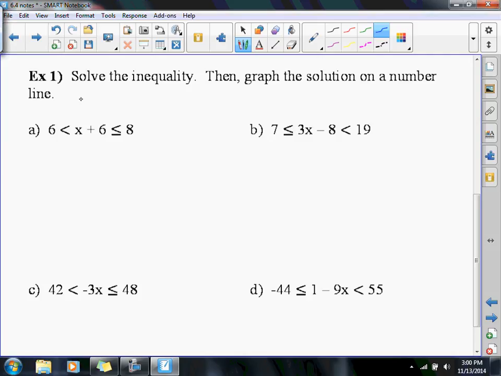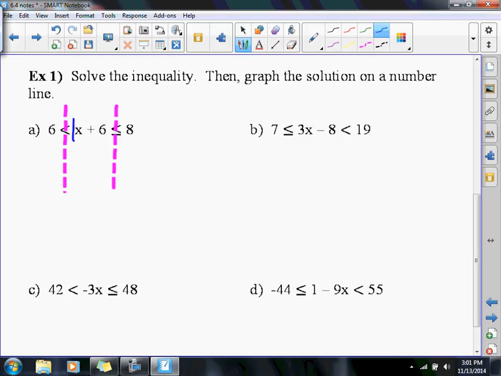I don't have the actual word "and," but I have my variable in the middle part, my numbers on the outside, and my less thans. Sometimes it's helpful if you think of the problem as having 3 specific parts to it. Sometimes when I put those lines in, that confuses students, but I'm going to leave them there for now as we're solving, okay?